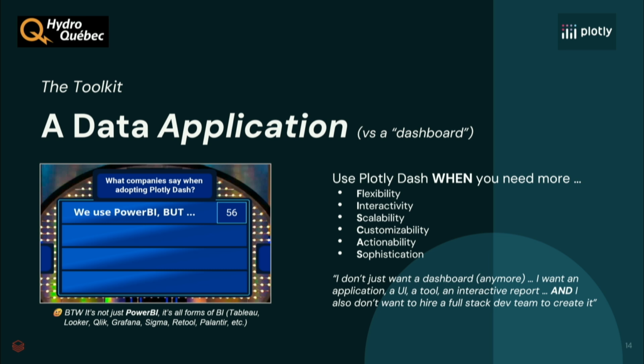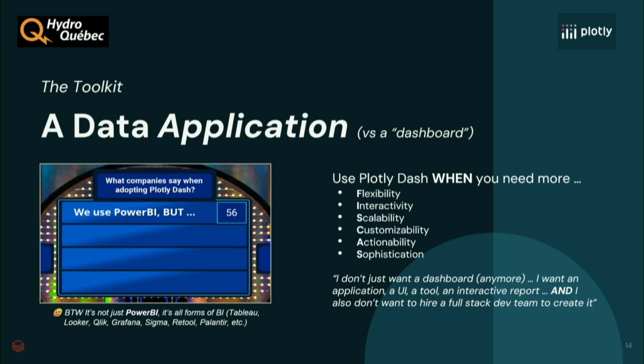And so he, in Python, used this Plotly Dash web app framework because it afforded him these general characteristics. It was more flexible. It was more interactive. It was more scalable. It was more customizable. It was more actionable, and it provided more of an opportunity for it to be sophisticated. So the expression of pain, because he tried it first in Power BI, was I don't just want a dashboard anymore.